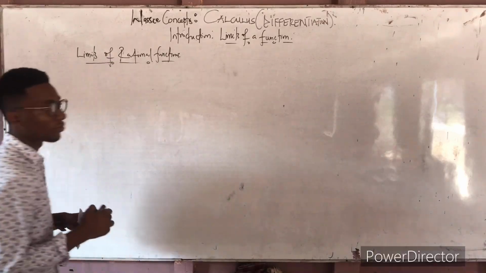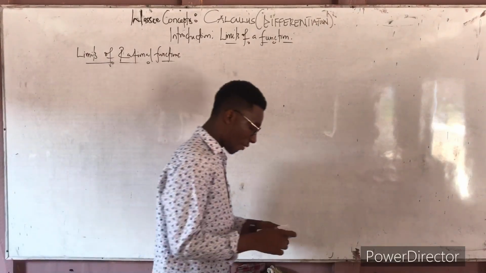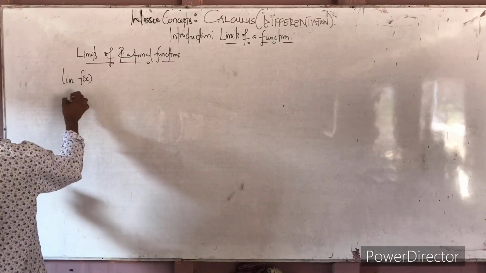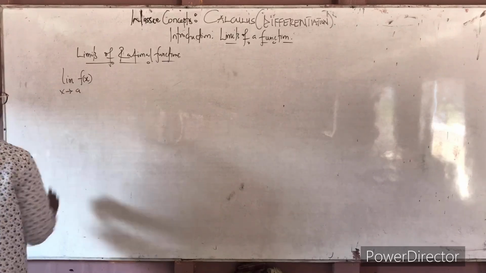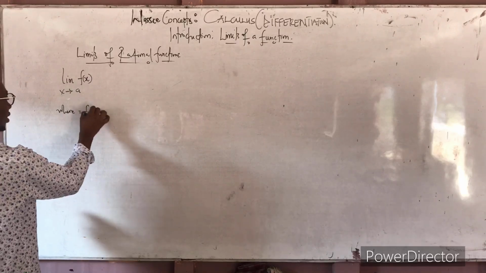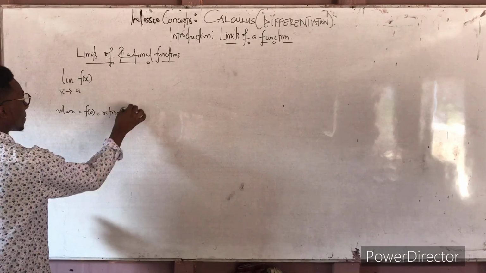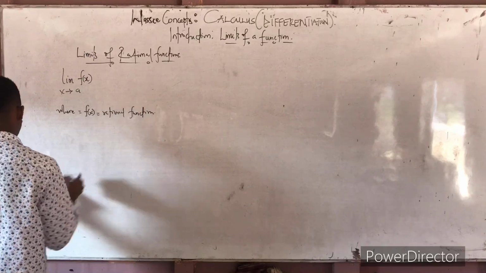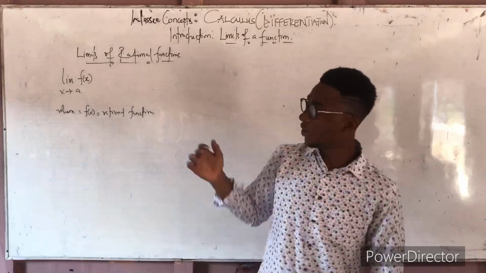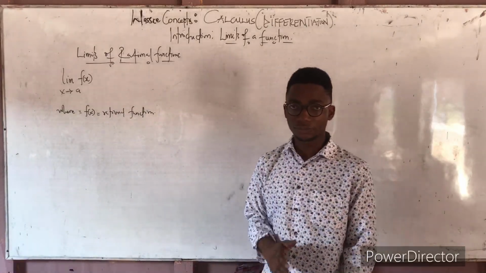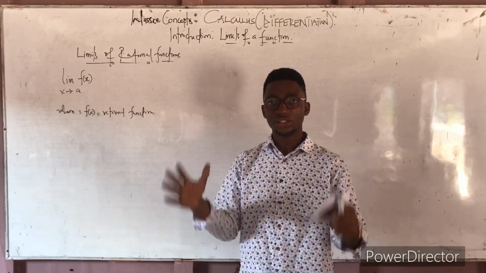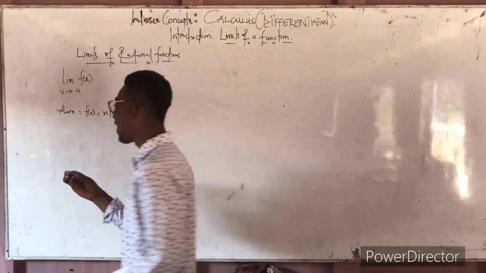Now, if we have a rational function, say the limit of f of x as x approaches a, where f of x is a rational function, what happens is that you can always simplify a rational function to its simplest form before you find its limit.